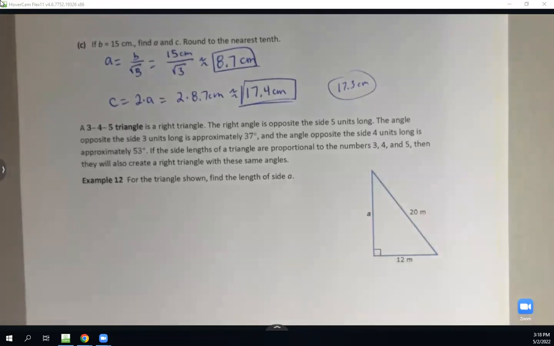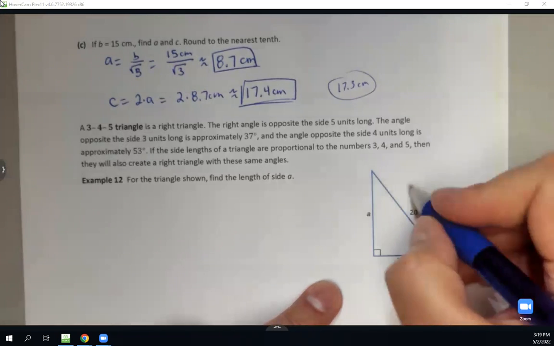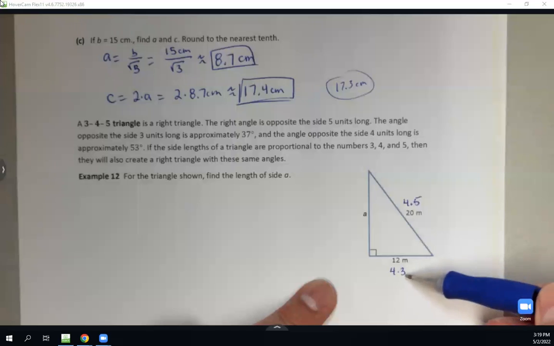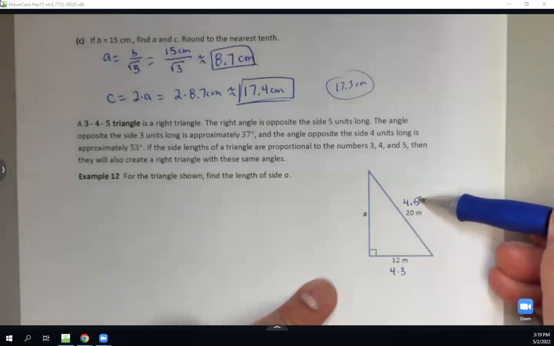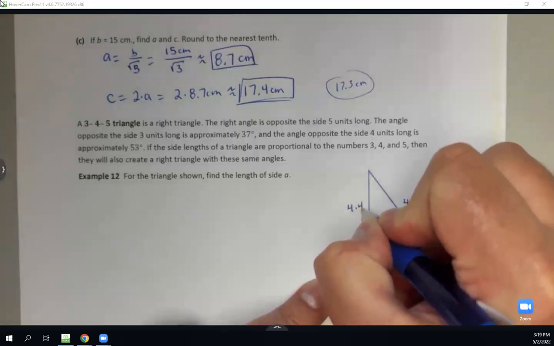Now, if you looked at this triangle and you're like, gosh, I've got no clue, then you could use the Pythagorean theorem to find it. So you could take 20 squared minus 12 squared and then square root in order to get A. Okay. But if you recognize that 12 is 4 times 3, and that 20 is 4 times 5, so that this is a 3, 5 ratio, then that tells me that A is going to be 4 times 4.